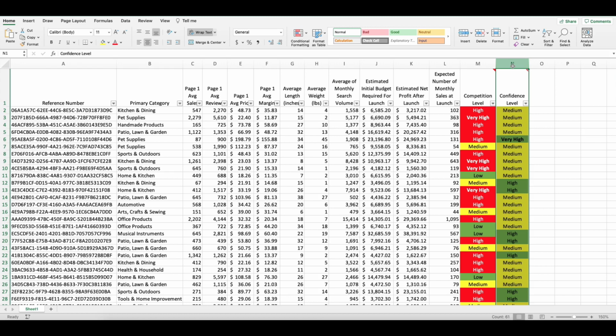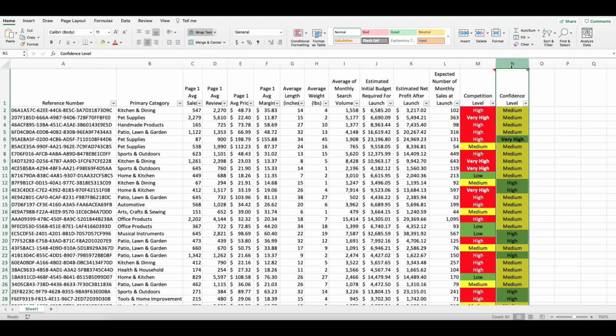In the testing phase, I've been able to identify those particular indicators for each of these product ideas, and if they're ranking high for those indicators, then we rank those as a higher confidence than products that are not ranking for those indicators, and those will have a lower confidence level. I would say that medium confidence level is middle of the road. That's an expected that it's going to do well, but the other ones, high versus very high, have a higher chance of succeeding relative to the medium.